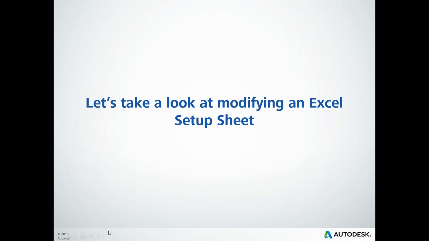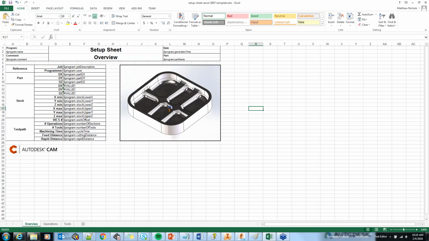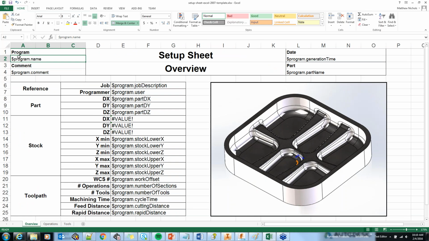All right, so let's do this. Here's basically the Excel template sheet, or template for a setup sheet. Things I want to point out: I've got program here, just a title or header for it. If you look here, I've got program name with a $ sign in front.